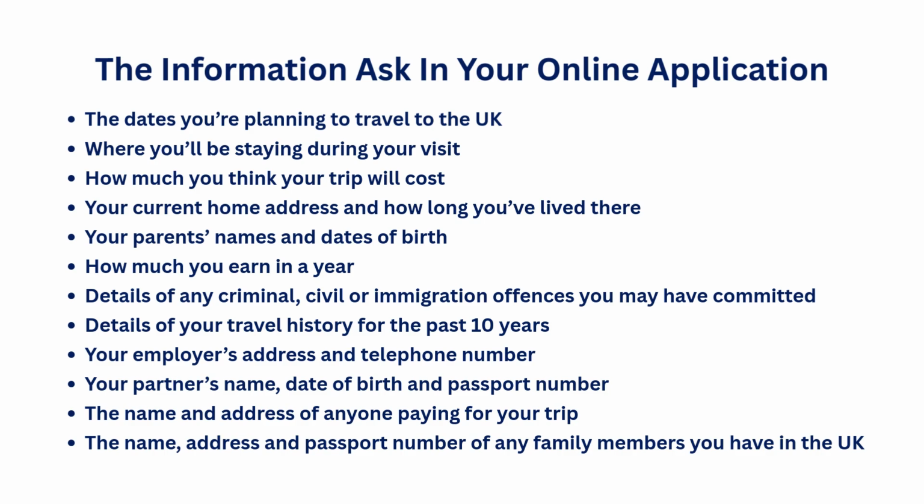These are the details you need to fill in the application. Make sure to be truthful and provide all the information they ask for. Also, double-check everything, especially your name and passport number, to avoid any mistakes.